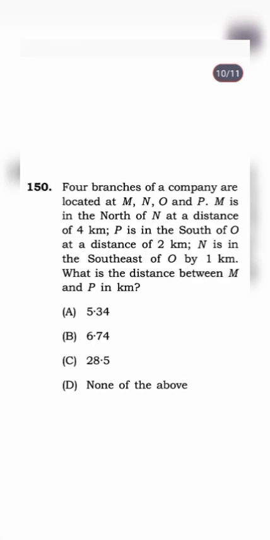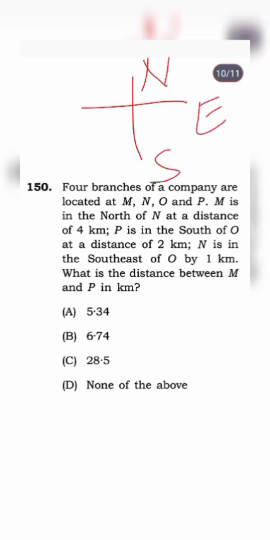Now last, 4 branches of a company are located at M, N, O and P. M is in the north of N. So earlier I have told you the order of the directions: east, west, north, south. Okay, north, south, east, west. So see here, M is in the north of N, so here is M, and let us consider here is N at a distance of 4 km.